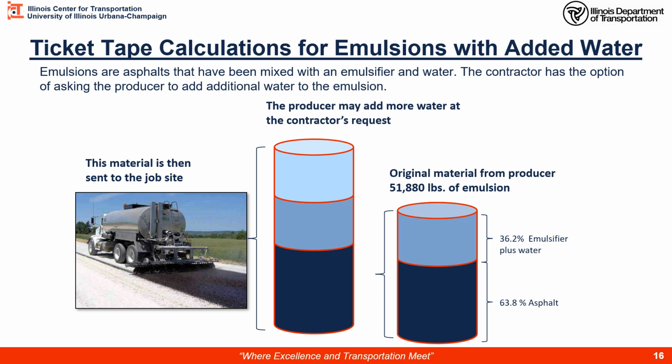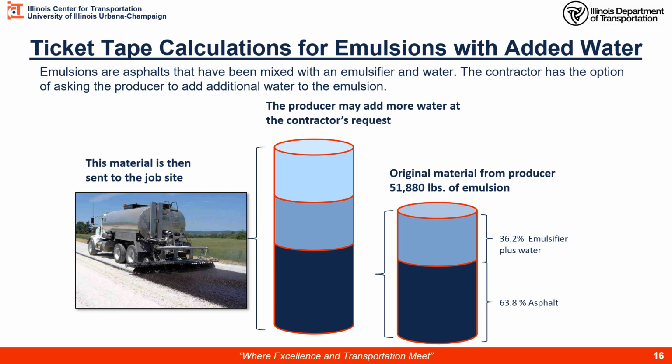They are roughly a 60-40 blend, 60% being the residual hard asphalt and 40% being the emulsifier and water. An emulsifier is simply soap. There's nothing exciting about it. So we've got soap plus water that is blended to make a uniform emulsion.